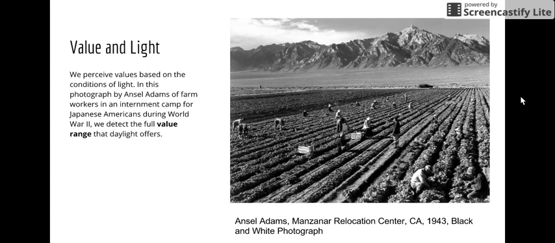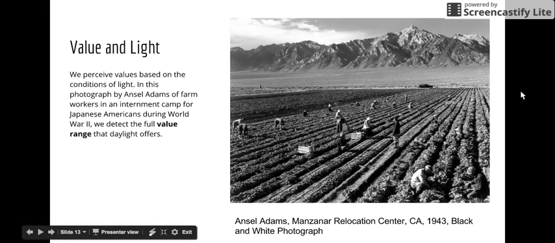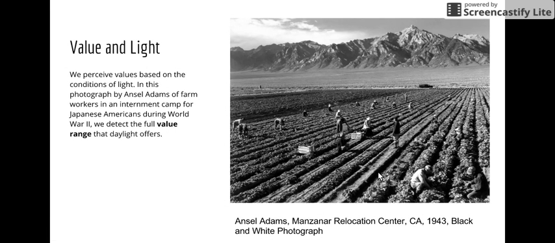You can see everything from bright white, many kinds of grays in between, all the way to very, very dark. So we say that this photograph has a full range of values, and because of that, it looks very vivid and very representational or even realistic.